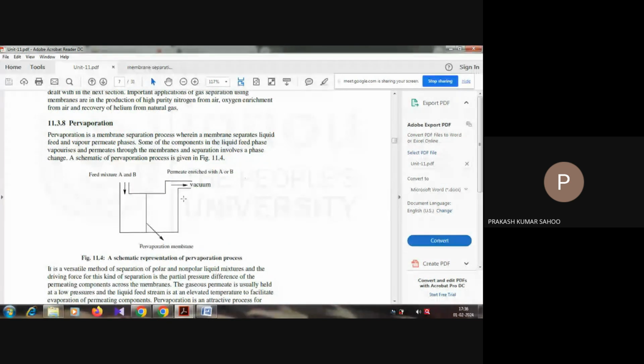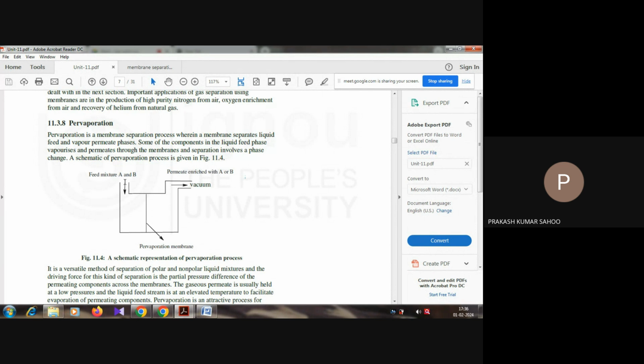Then we have pervaporation. Pervaporation is a membrane separation technique where a membrane separates the liquid feed and vapor permeate phases. So just see this.